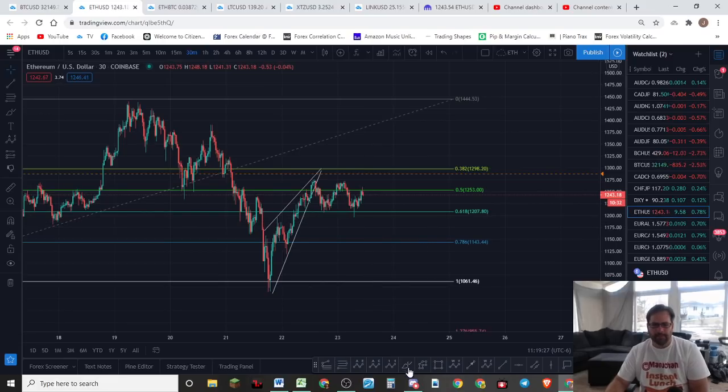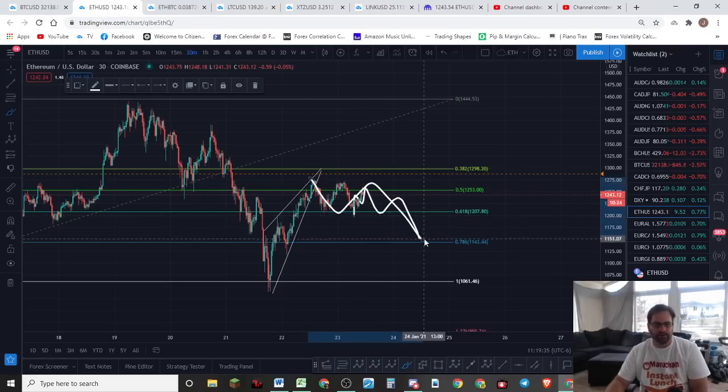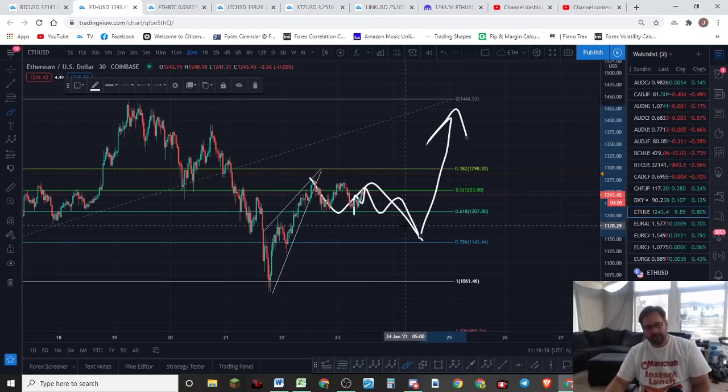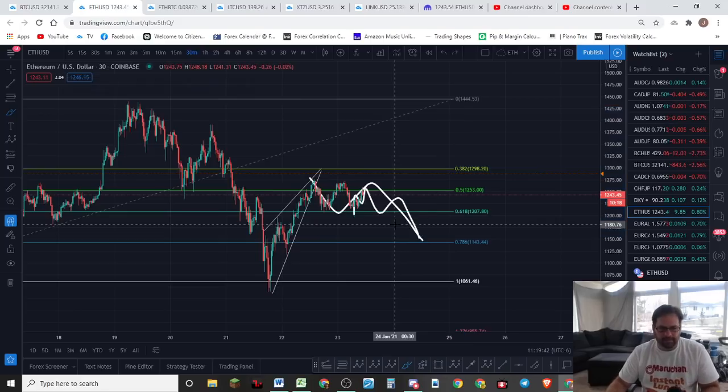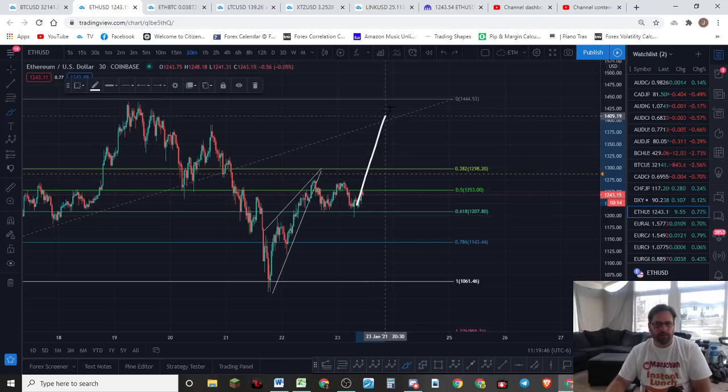So a couple things can happen here from a wave structure standpoint. We could get this little three-wave move here and then come down again, and that would be a complex correction WXY, as we already talked about. And then we would go up, and we're going up bullishly and great. Things are going to move fabulously. So that's a possibility. Okay. The other possibilities, we could go up bullishly from here.